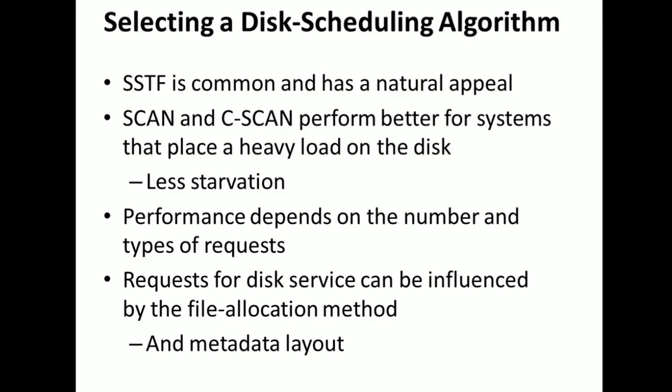So talking about the selection, we have the SSTF, that is the shortest seek time first. That is commonly used, and as we have evidently seen, it has a very good performance when compared to all the algorithms.